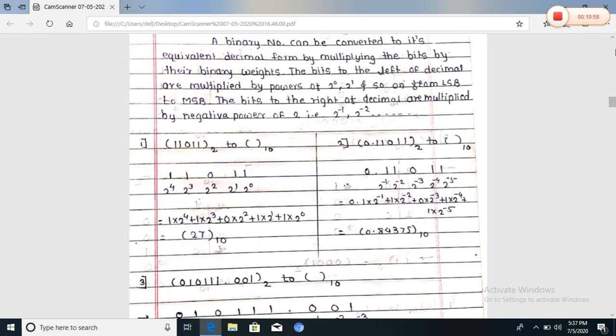The first example is 11011, a binary number with base 2, to be converted into the decimal number system.